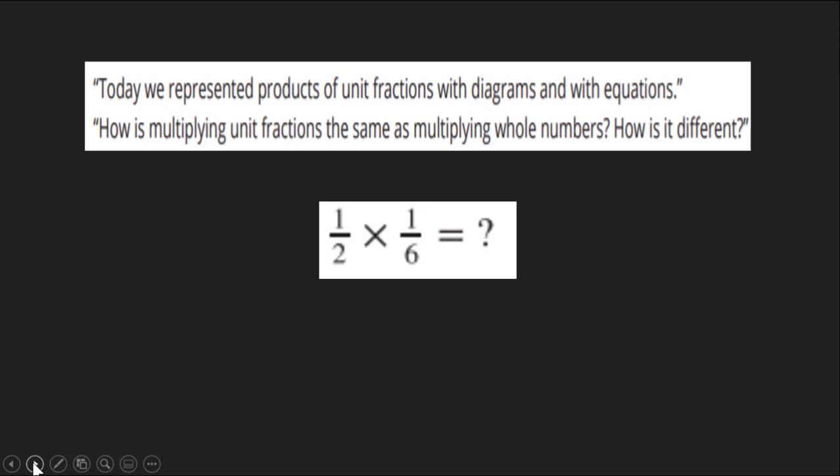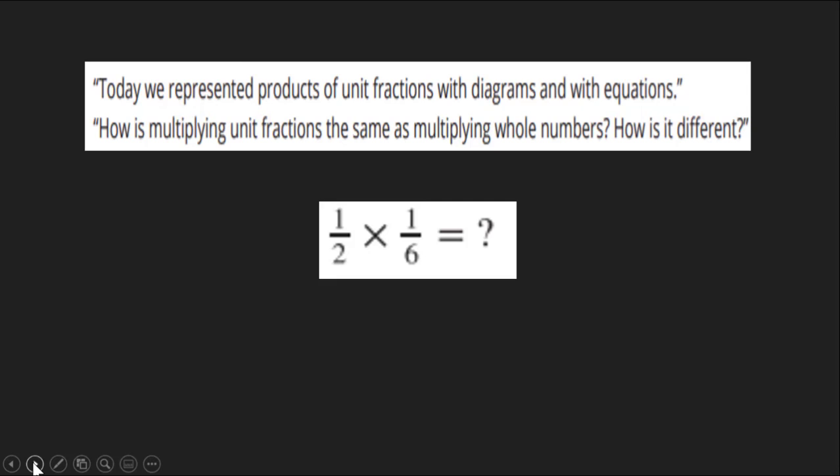So today we represented products of unit fractions with diagrams and with equations. How is multiplying unit fractions the same as multiplying whole numbers? How is it different? Well, we use the same multiplication facts to solve equations, but the answer is less than 1 whole because we're multiplying the denominators, not whole numbers.